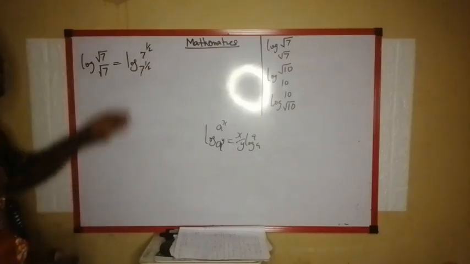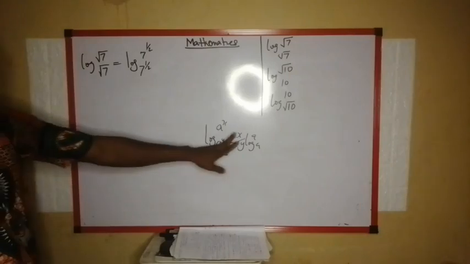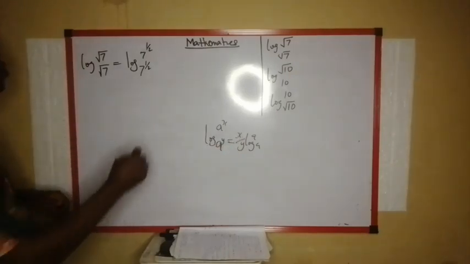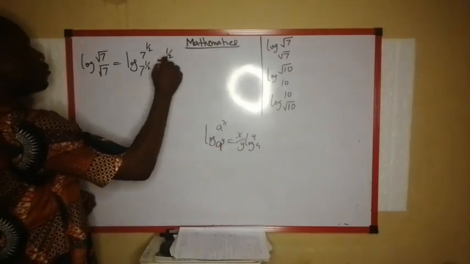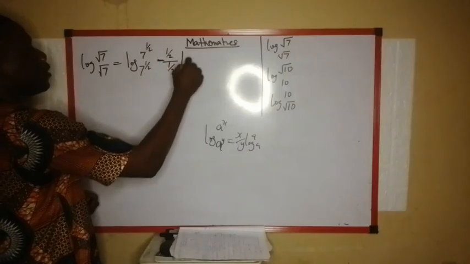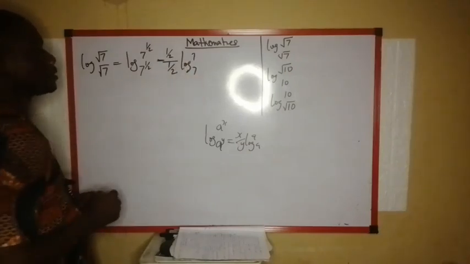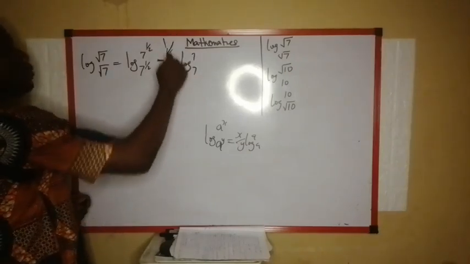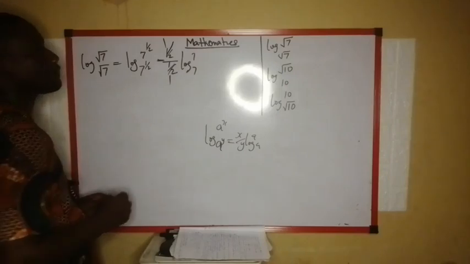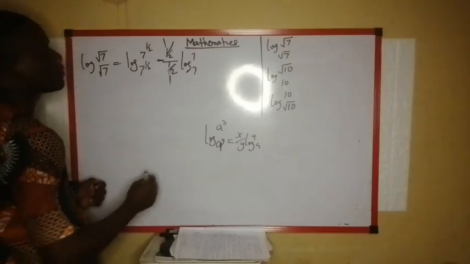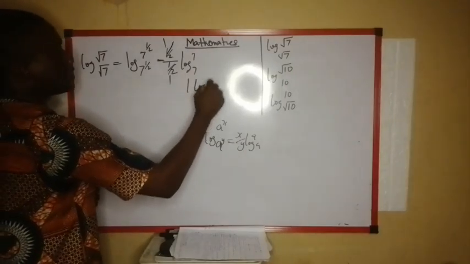Because the numbers are similar, you are just going to apply this simple rule, which is half over half log 7 base 7. And what's half over half? Half here 1, half here 1. It means we have 1 log 7 base 7.